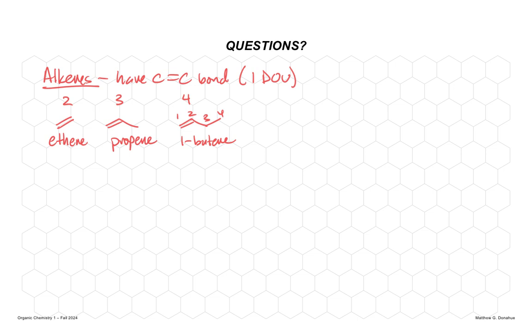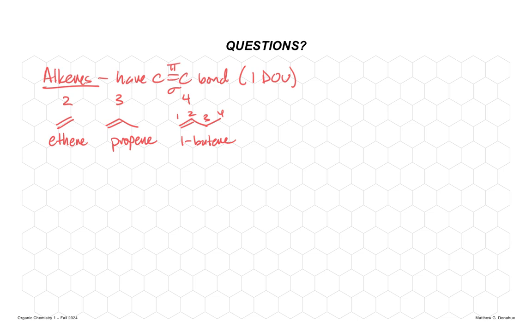So we had left off introducing alkenes. So again, pay attention to the subtlety of the names. Alkanes, we say, are fully saturated. An alkene has a carbon-carbon double bond. And so a double bond is a sigma bond, and then the second line is the pi bond.